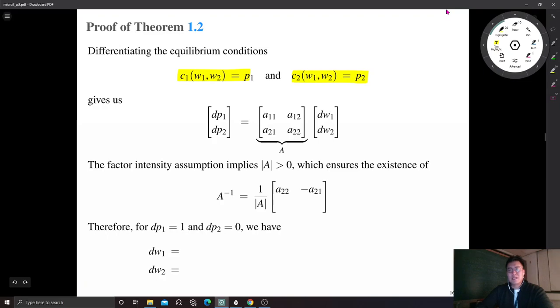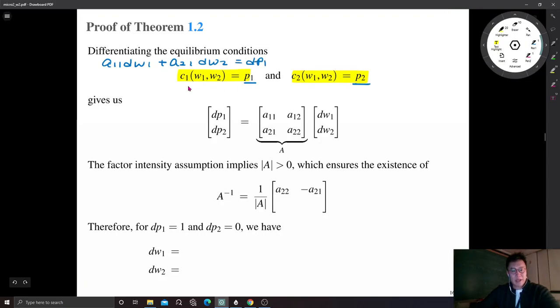Okay. So now I'm going to do total differentiation of these two conditions. Remember, P1 is not constant because now we are considering a change in output prices. So with that in mind, if we do total differentiation, we get A sub 1,1 dW1 plus A sub 2,1 dW2 equals dP1.